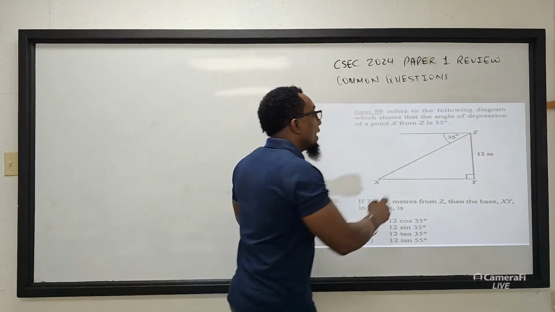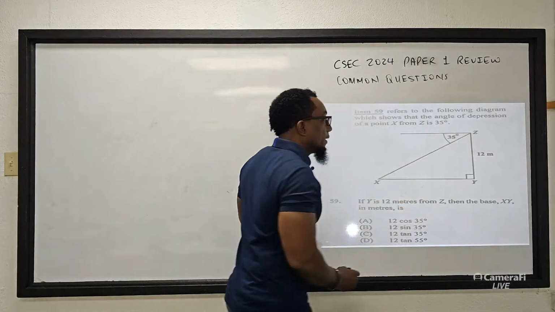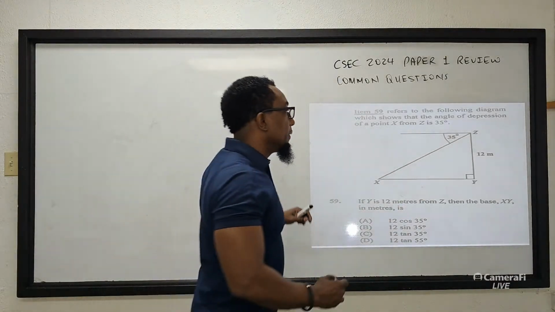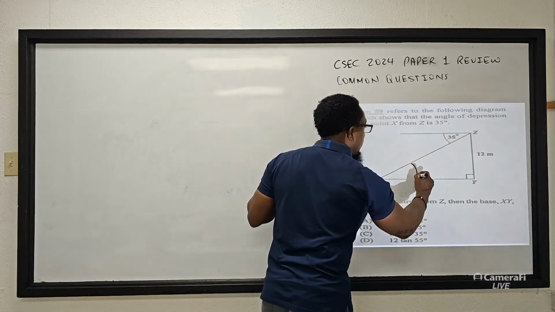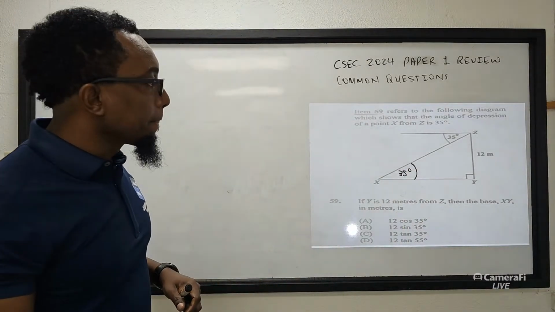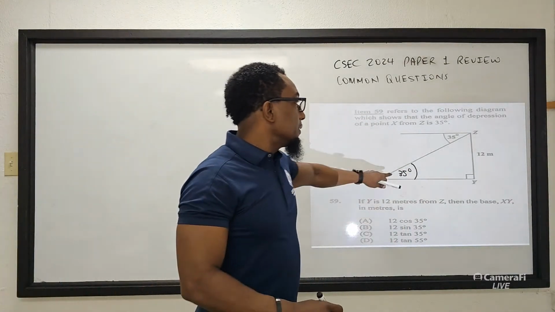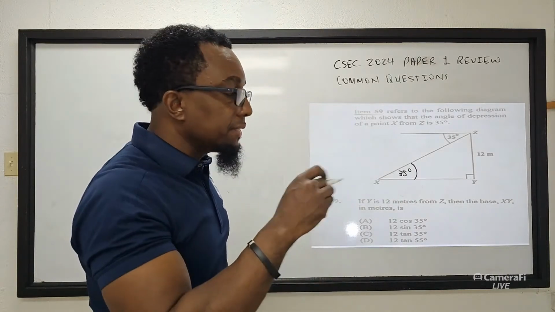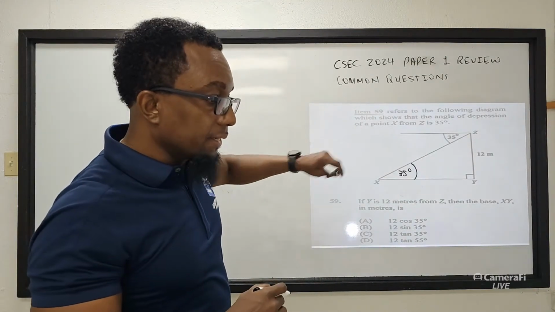With the angle of depression, once we have that Z shape, we can also determine the angle of elevation, which is 35 degrees here. And this 35 degrees falls within that right angle triangle. So that's your acute angle there.